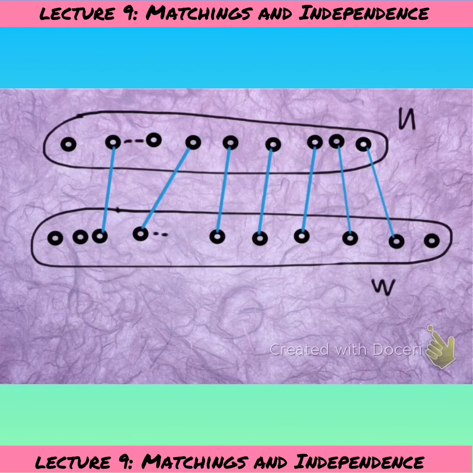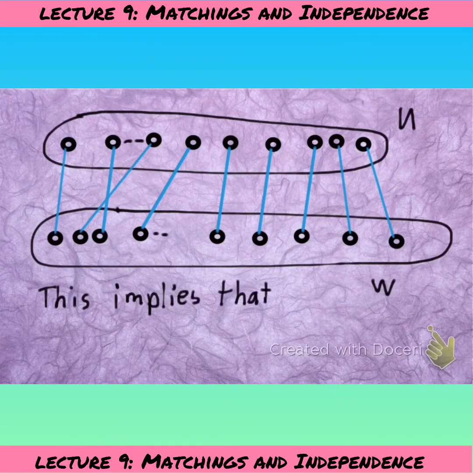So we've got this situation here. So we assume that all the vertices in U are matched. Well, this implies that U is a vertex cover.